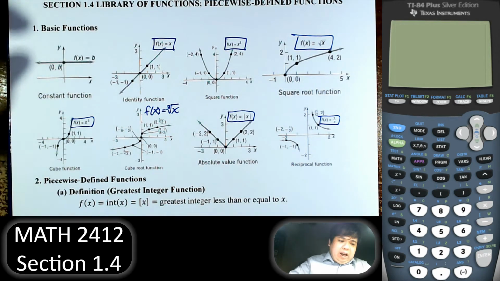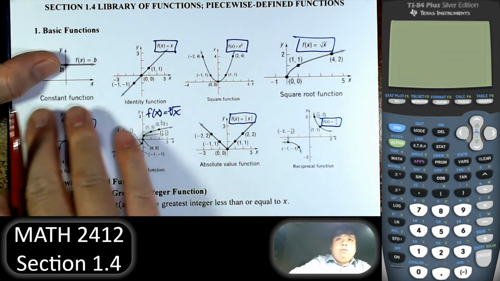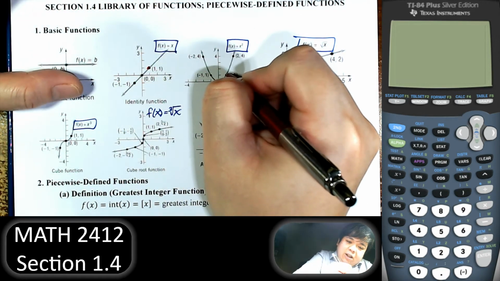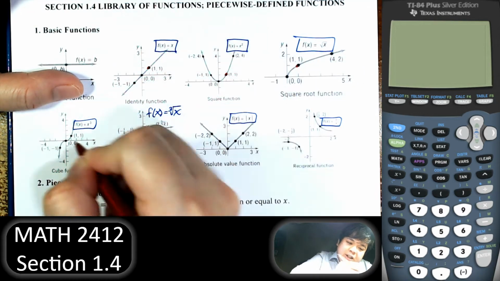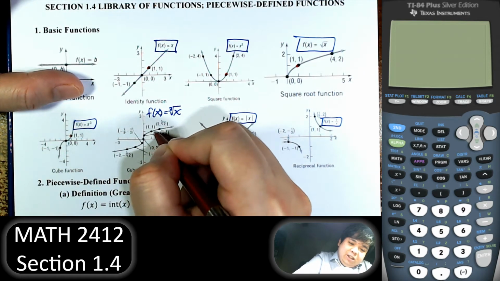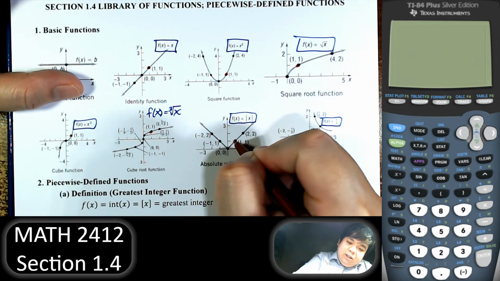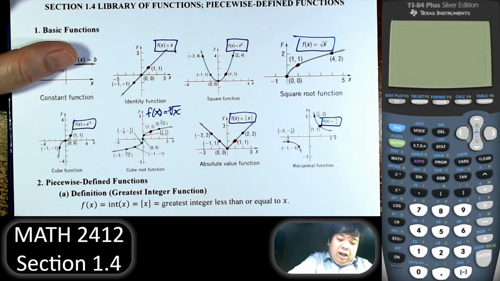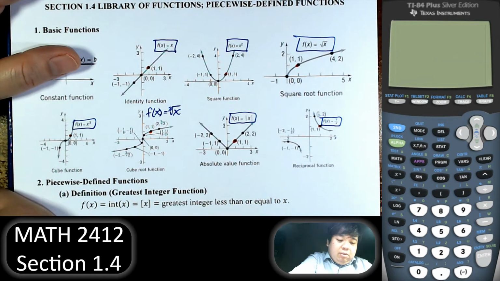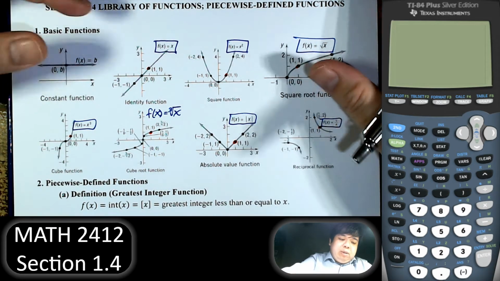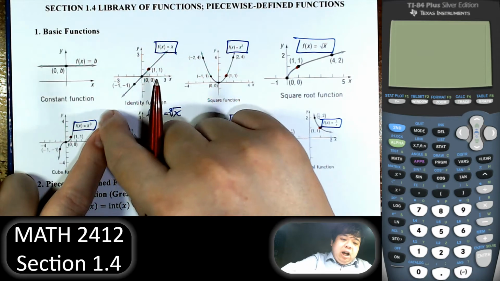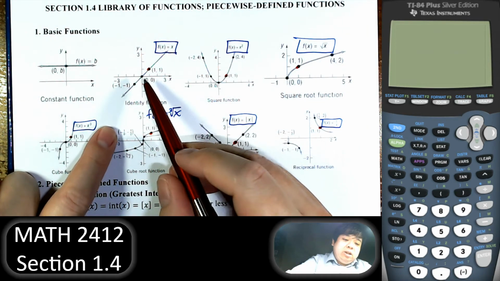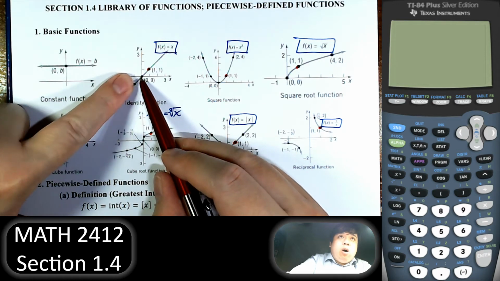Now, except for the constant function, all of the other functions go through the point (1, 1). And then, except for those two, we can ask whether each is an even function or an odd function, because we're talking about symmetry, symmetric about the origin.